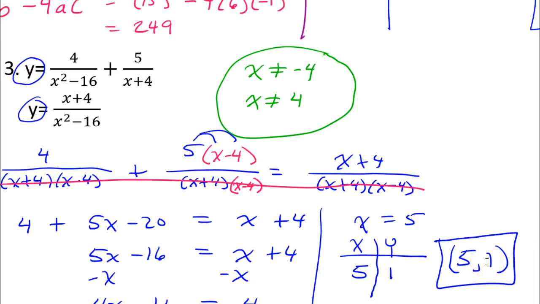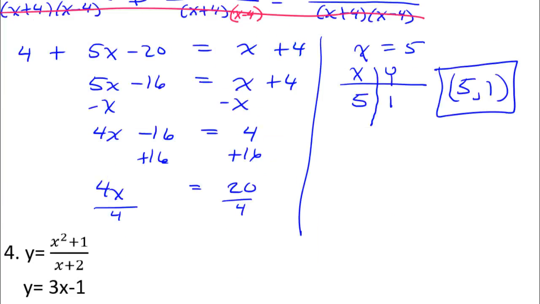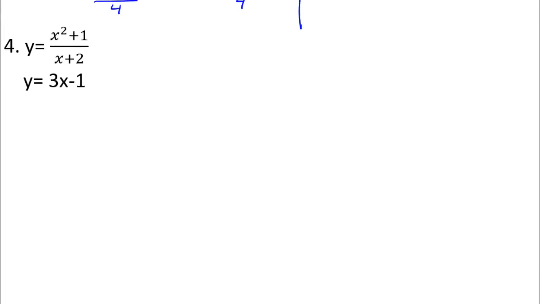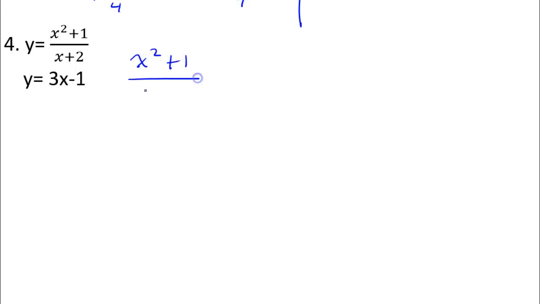Alright, we have one more problem to do. Problem number 4. Let's get to it. So setting these equations equal to each other, we have x squared plus 1 over x plus 2 is equal to 3x minus 1.